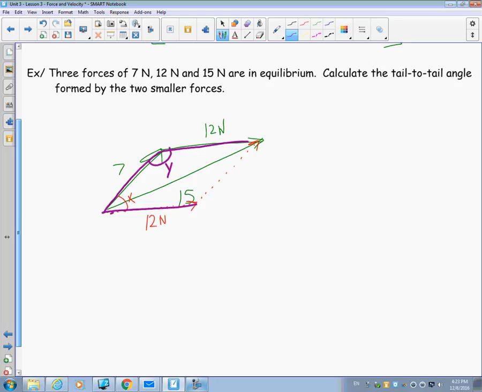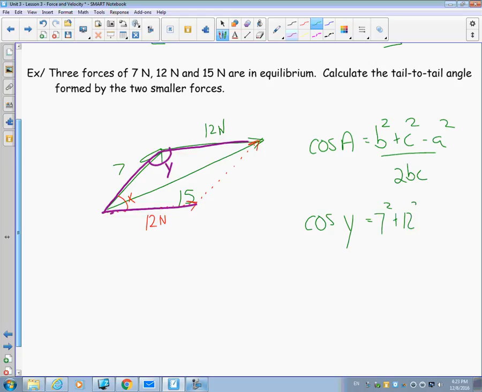How can I figure out y? I can use the cosine law. I'm going to use the cosine law for the angle this time, so we're using the version that's set up for angles. I want to figure out the y value here because that's one I can figure out. So we'll do 7 squared plus 12 squared minus 15 squared over 2 times 7 times 12.